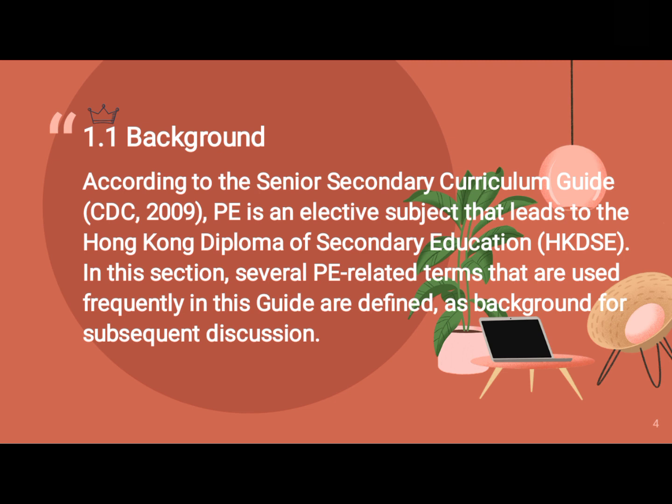The background, according to the Senior Secondary Curriculum Guide, CDC 2009: PE is an elective subject that leads to the Hong Kong Diploma of Secondary Education. In this section, several PE-related terms that are used frequently in this guide are defined as background for subsequent discussion.